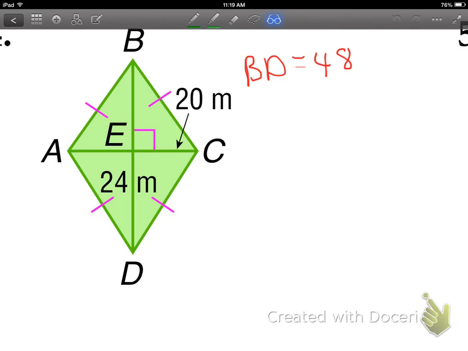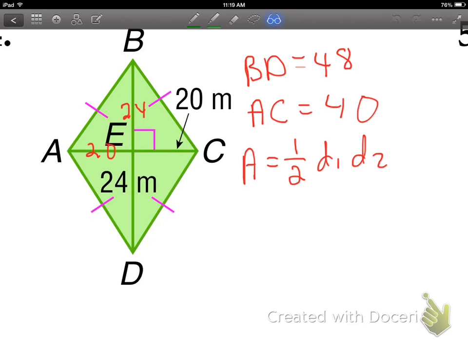So if you have one 24, you have another 24, and over here if you have this 20 that the arrow is pointing to, you've got another 20. So the length of AC must be 20 times 2, it must be 40. The formula says that the area is 1/2 of D1 times D2.